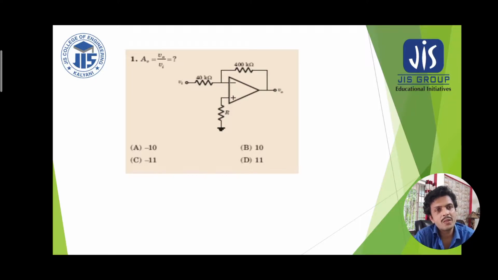Now, due to the virtual short circuit between the positive terminal and the negative terminal, it is not a real short circuit, but the equal potential is available at the non-inverting terminal and at the inverting terminal. If we ignore the potential difference between these two terminals, which is the ideal situation, we can say that the negative terminal is virtually short circuited with the positive terminal of the op amp.